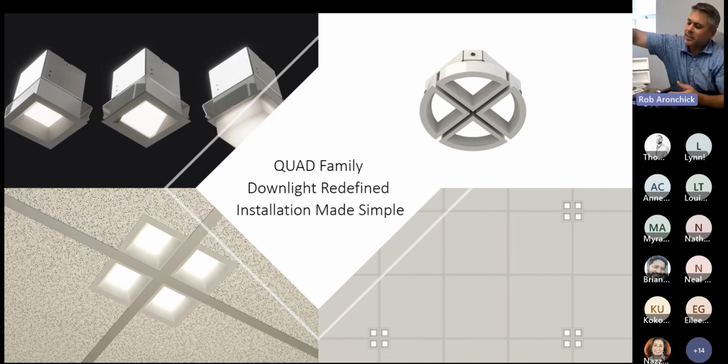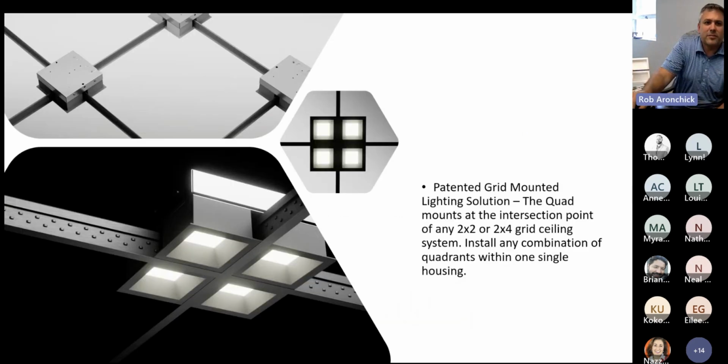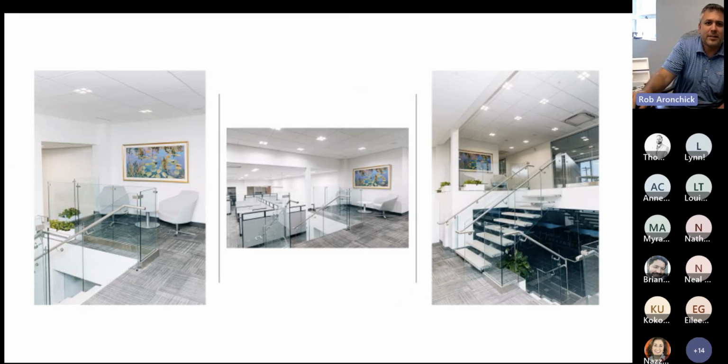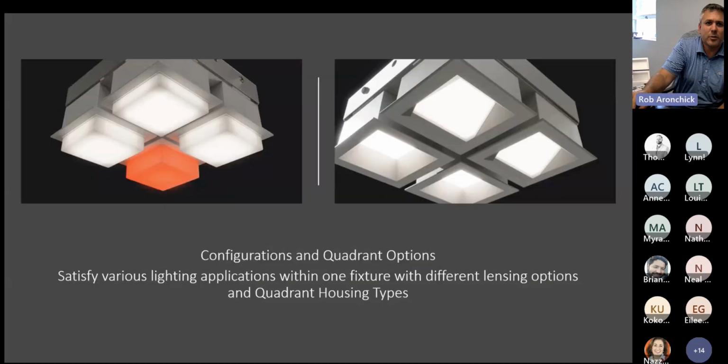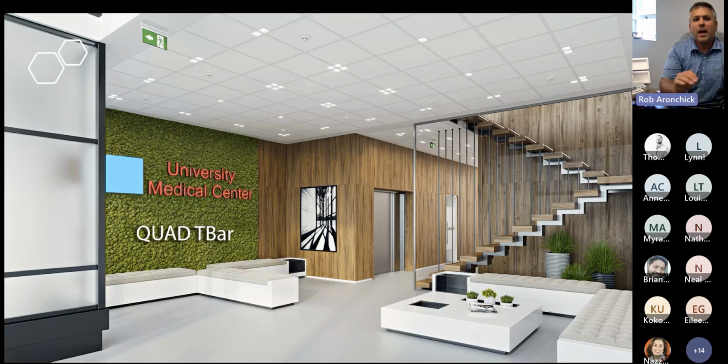And what's neat is that you can specify or design in, let me just jump here to a render that I like to show, all 4 quadrants or 2 quadrants, 3 quadrants, or 1 in any sort of configuration.